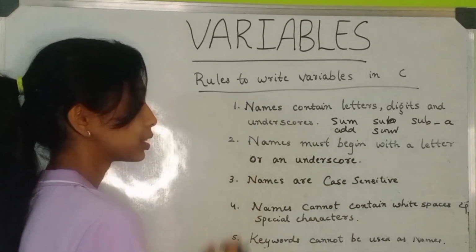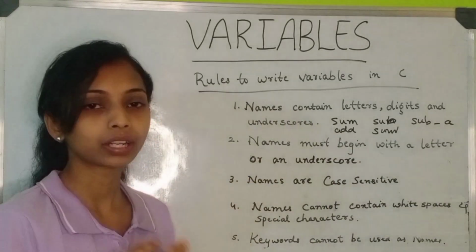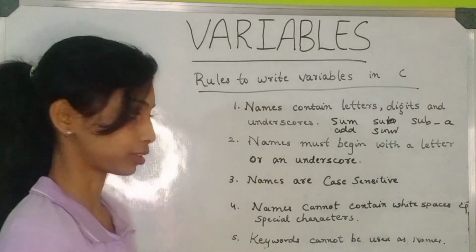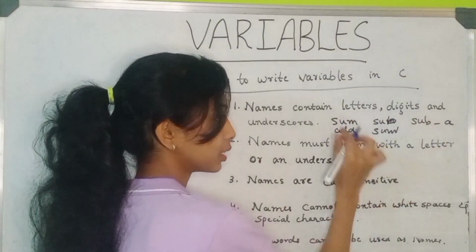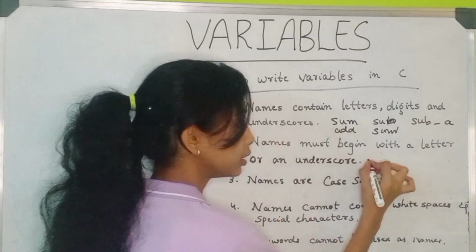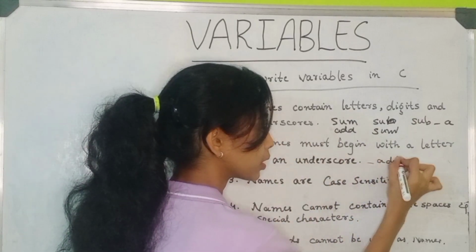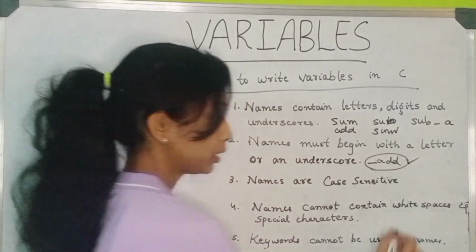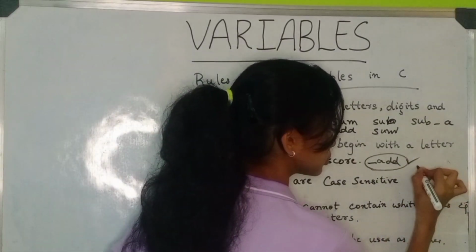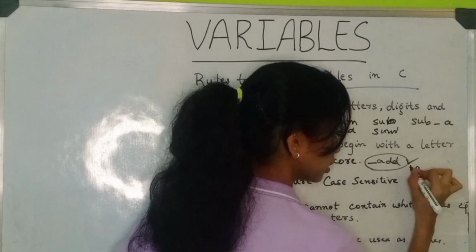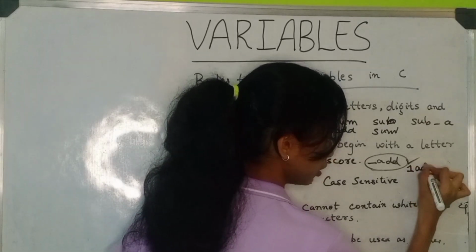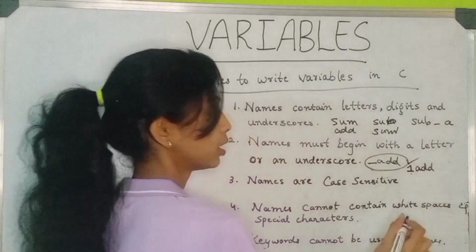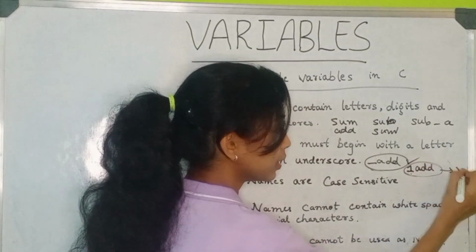The second one is names must begin with a letter or an underscore, but not an integer. For example, all these are accepted, and even underscore ADD is also a valid variable, but one having an integer before a letter is invalid.